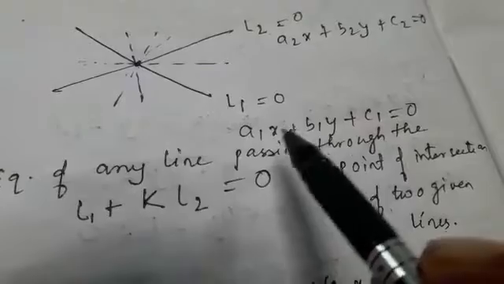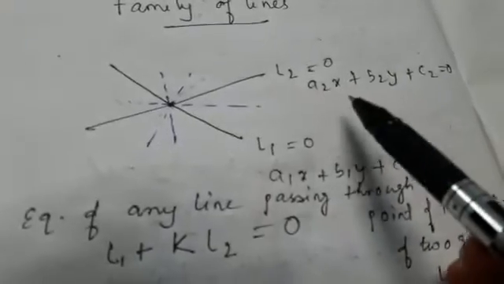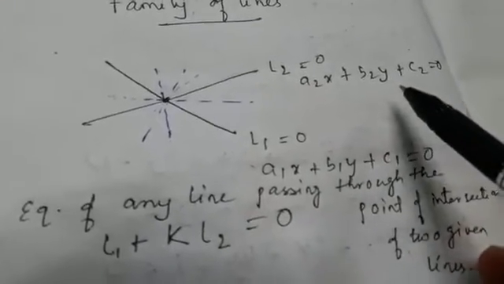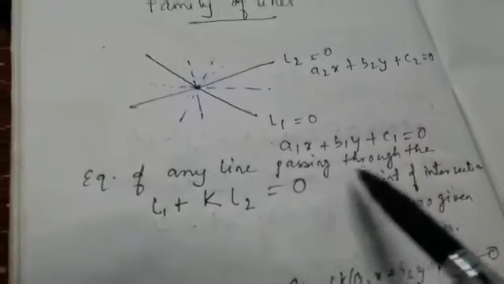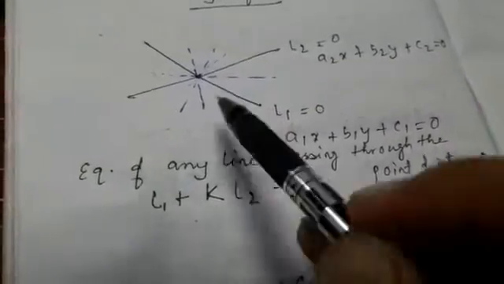Clear? Now suppose the equation of line 1 is given as a1x plus b1y plus c1 is equal to 0, and the equation of line 2 is given as a2x plus b2y plus c2 equal to 0, then the equation of any line passing through the point of intersection of these two given lines is given by L1 plus k of L2.